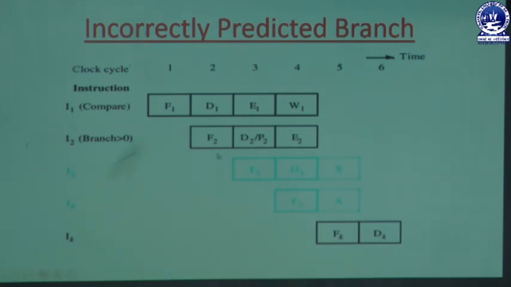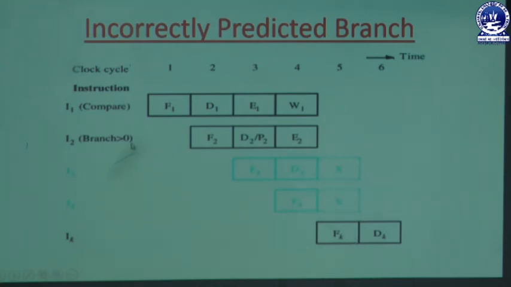That means these two instructions are wrongly fetched, as we predicted that the branch will not take place and the processor executes all the instructions sequentially. So the two instructions in the execution pipe are stalled, and a new instruction IK is fetched from the branch target address in clock cycle 5.